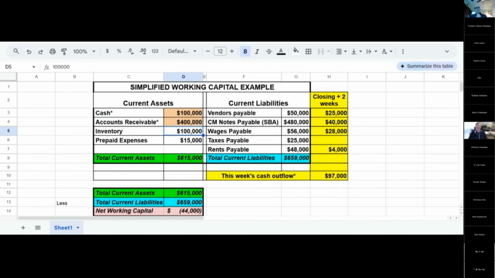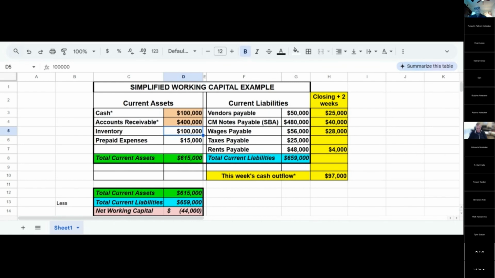Another approach that I saw that I actually kind of liked is where the buyer and the seller defined a net working capital number that would occur at closing. So receivables minus payables would equal one number, and they would add X dollars, or Y dollars in this case, worth of cash. And they had a formula for either the buyer or the seller to reimburse the other.